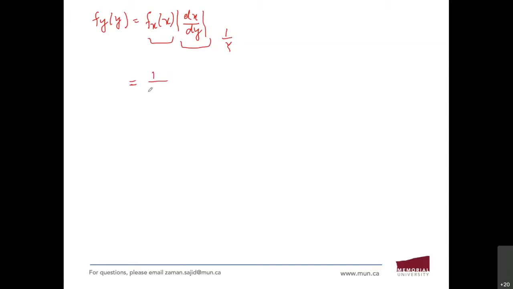So it will be 1 over square root of 2 pi sigma x, exp of minus 1 over 2 sigma x square into x minus mu of x whole square, times 1 over y.